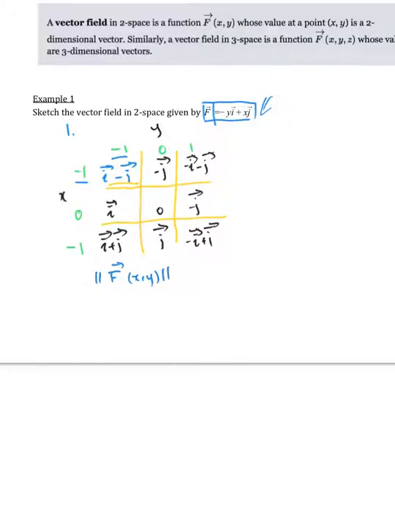If you put the function into the magnitude equation, it turns out to be this. You plug in individual coordinates for every point, and that'll give you the magnitude of the vector at that point. So now you're ready to start graphing the vector field.